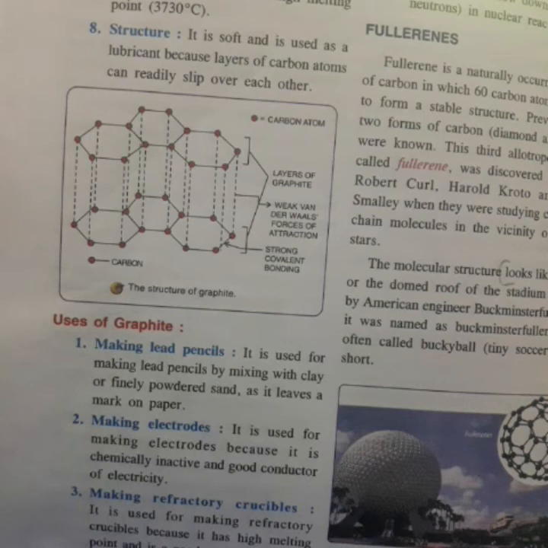And very important use, graphite is extensively used in nuclear reactor. For what? To absorb neutrons and as a result help in moderating the nuclear reaction. Slow down the speed of neutrons by absorbing neutrons in nuclear reactor.